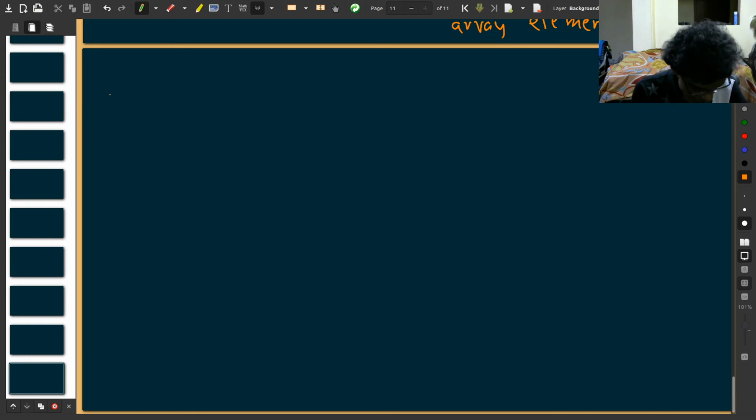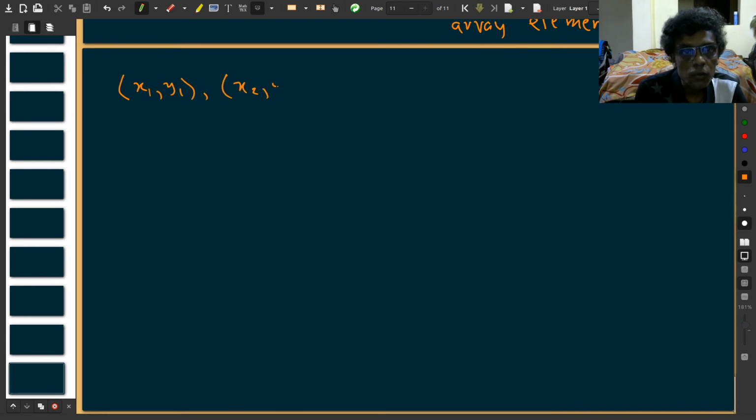I consider these pairs x1, y1, x2, y2, and so on, up to x n square plus 1, y n square plus 1.